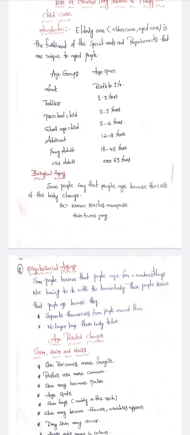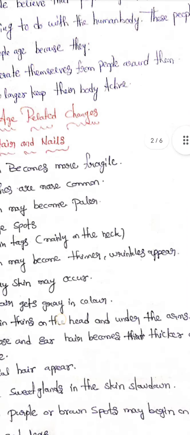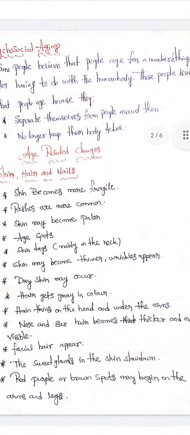Next we will see psychosocial aging, how psychosocial factors affect aging. Some people believe that people age for a number of things not having to do with the human body. These people believe that people age because they separate themselves from people around them and no longer keep their body active.